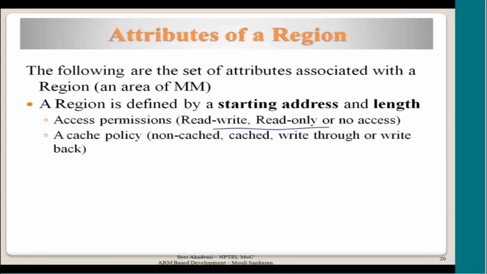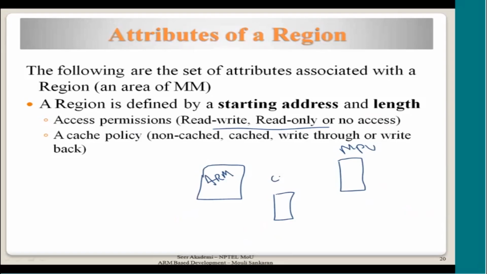And then a cache policy. When I spoke about cache, I only talked about cache there, but suddenly when I am talking about the MPU, cache is coming, because cache can be there without an MMU.